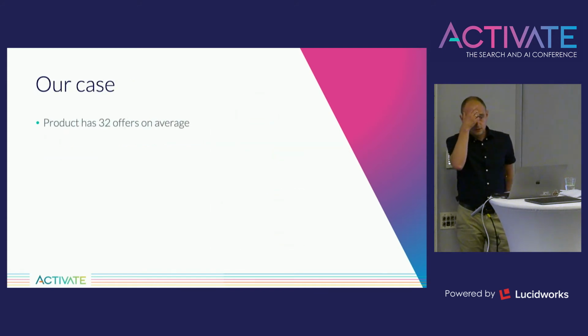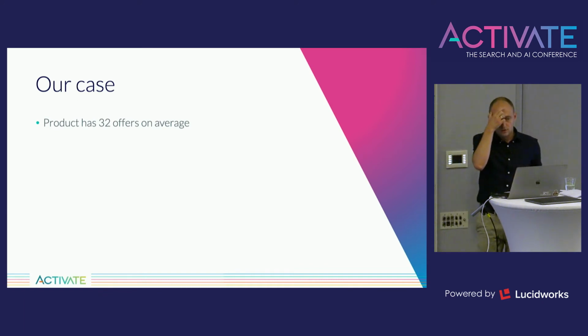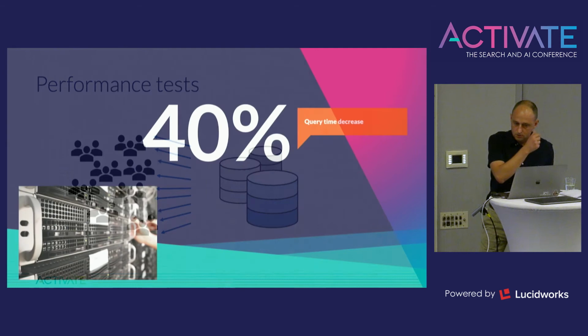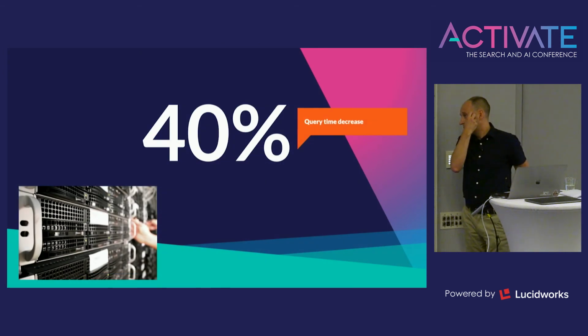And in our case, for our queries, on average, a product has 32 offers, so up to 32 times the scorer was run too often. I prepared a change that runs the scorer only for the documents that are effectively collapsed, and performance tests showed that we gain a 30% query time decrease.